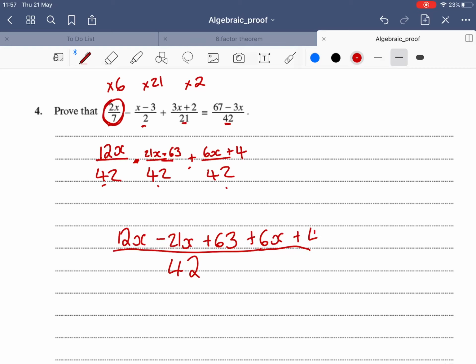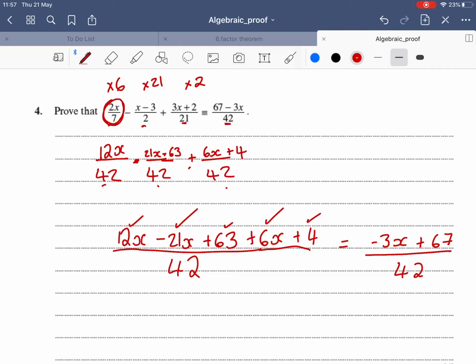If we collect our x's, we've got 12, take away 21x, and then add 6x. So 12 minus 21, add 6 gives me minus 3x. And then our numbers, 63 add 4 gives me positive 67, and it's over 42.